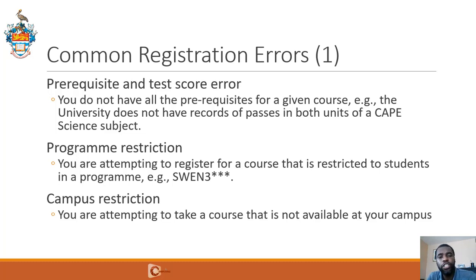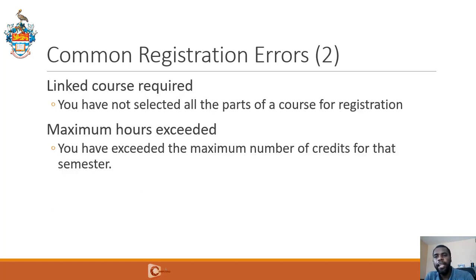A campus restriction error indicates that you're attempting to take a course that's not available at your campus. And a linked course required error indicates that you have not selected all the parts of a course for registration. In other words, let's say it's a course with a lab, a lecture, and a tutorial. You have not picked all three items.